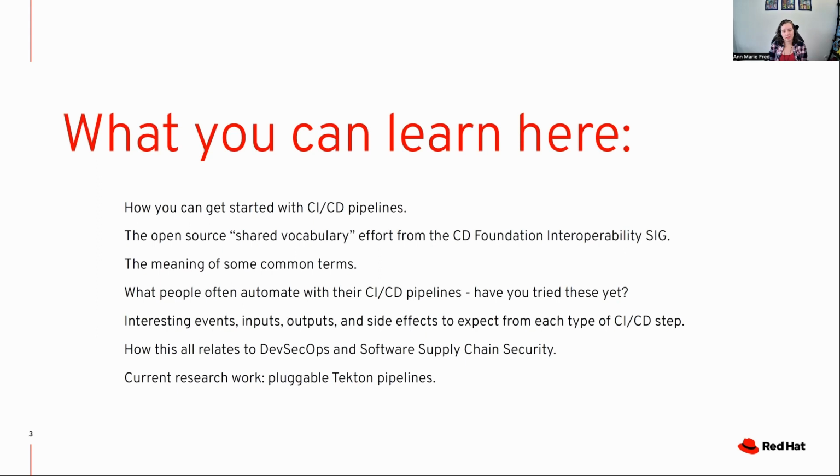This can hopefully give you some ideas of what you might try if you're not doing some of these things yet. I'll talk about some interesting events, inputs, outputs, and side effects to expect from each type of step in a pipeline, and a little bit about how all this relates to DevSecOps and supply chain security. And at the end, I'll talk a little bit about some current research we're doing with making Tekton pipelines more pluggable.